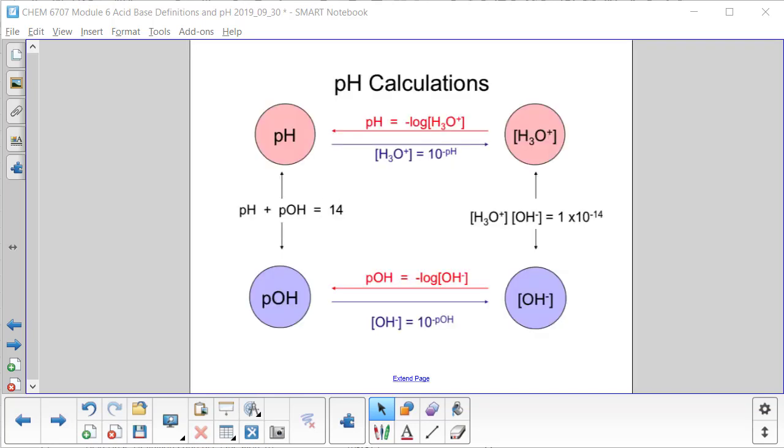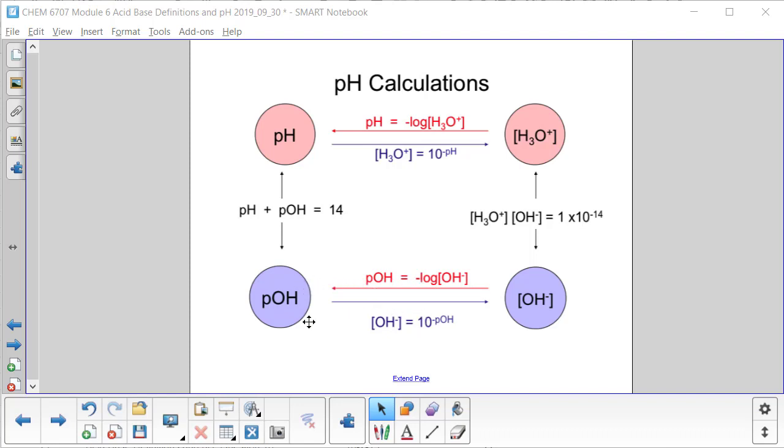Here's a little flow chart to help remind you what to do for these pH calculations. If you have the hydrogen ion concentration and you want to find the pH, it's the minus log of that concentration. The reverse would be 10 to the minus pH value. Same thing for pOH. If you know the hydroxide ion concentration, you take the minus log of it to find the pOH.